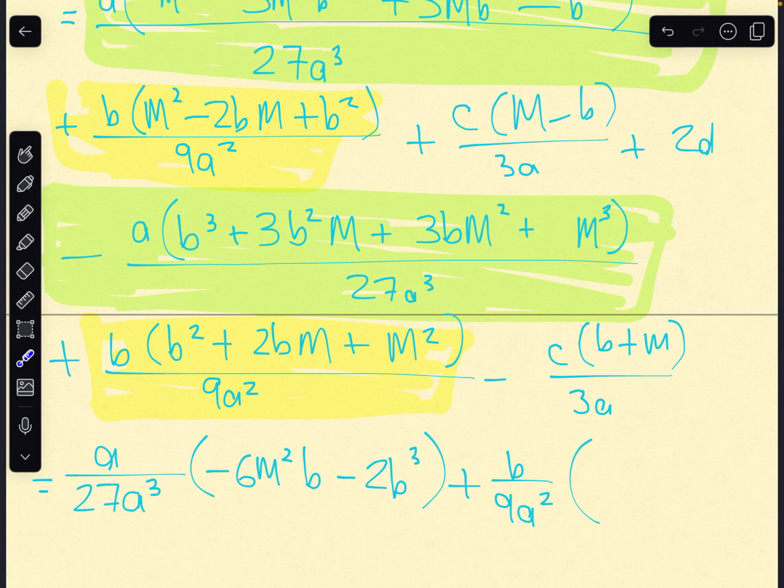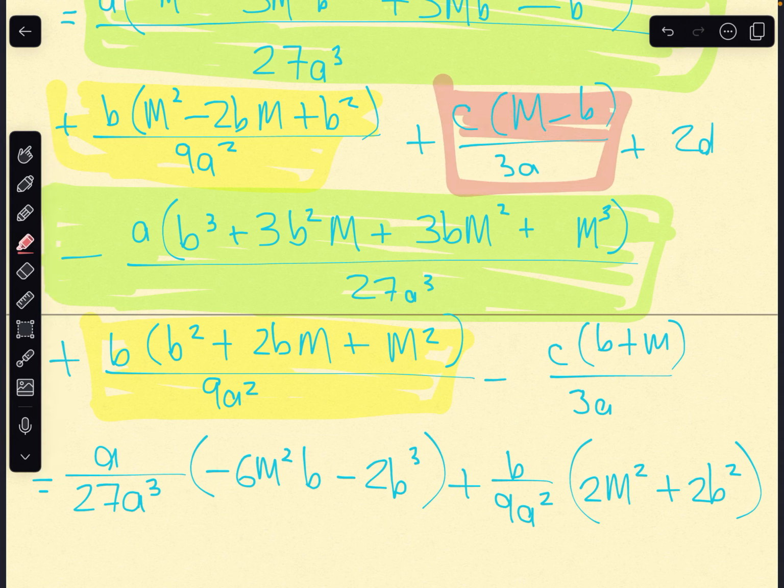These are both positive terms, so I'm just adding them together. We've got m squared plus m squared, so that will be 2m squared. Then minus 2bm plus 2bm, so those cancel out. And then b squared plus b squared, which is 2b squared. Nice. Can you guess what we are looking at next? You guessed it. We are looking at this guy.